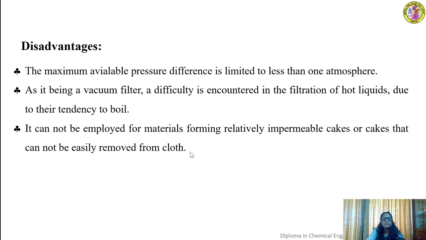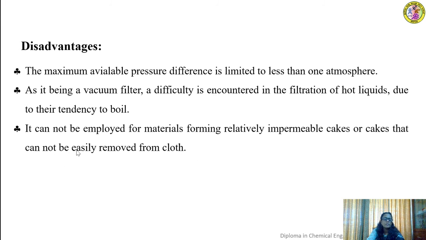It is not suitable for handling materials that can form an impermeable cake. That is, if a very dense cake is formed, then such types of solids are not suitably handled in a rotary drum filter. They will get tightly packed on the surface of the filter medium, so it is not easy to remove such cake from the cloth.